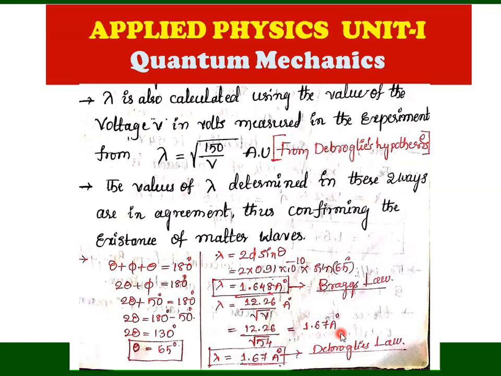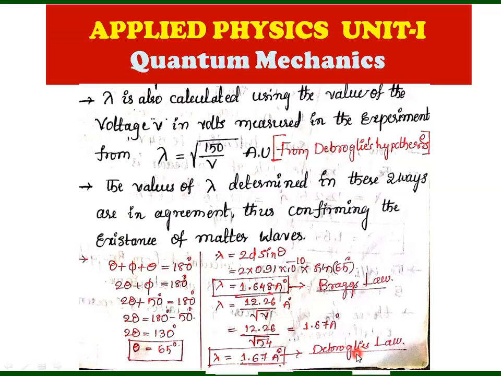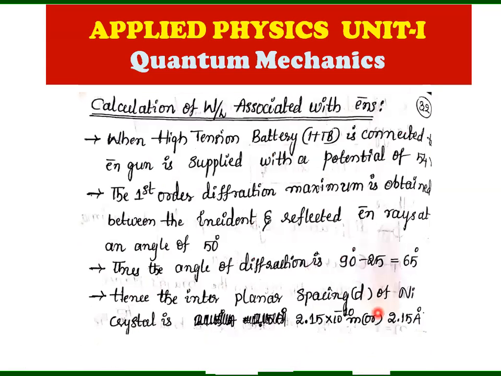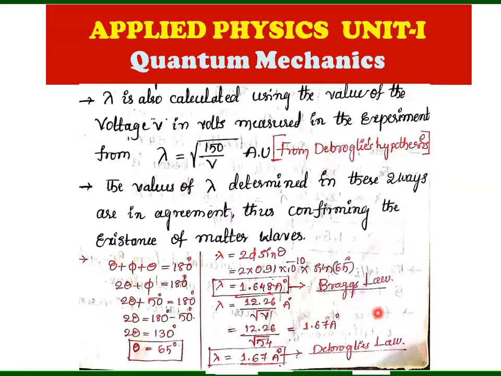It will be nearly equal to 1.67. So these two wavelengths nearly match. Hence lambda is about 1.67. This supports de Broglie's concept. So this is about the Davisson-Germer experiment.